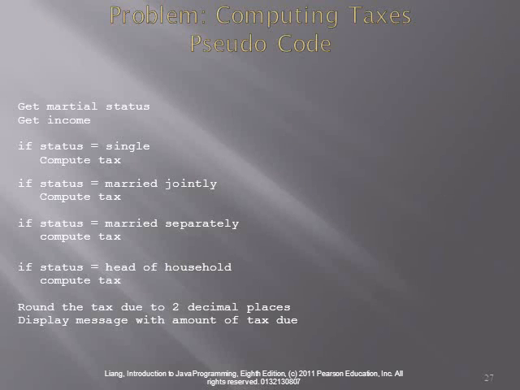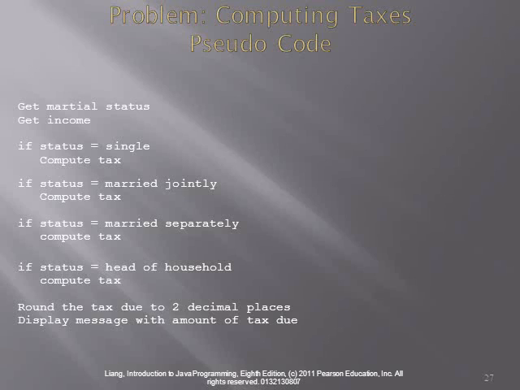Oh my, oh my, oh my, where do we start? Well, we always start with developing pseudocode. And this tax program is a very good example of being able to use incremental development and incremental testing. So you see this first part of the pseudocode. It is enough to get started developing a program.